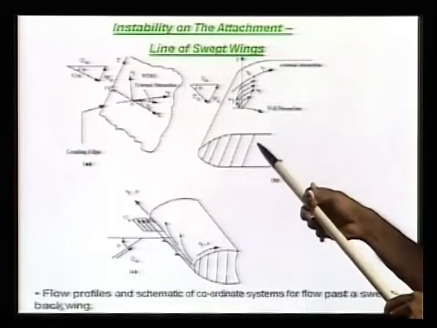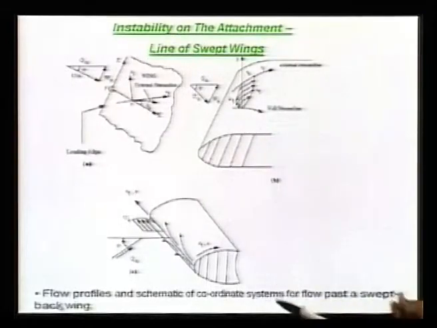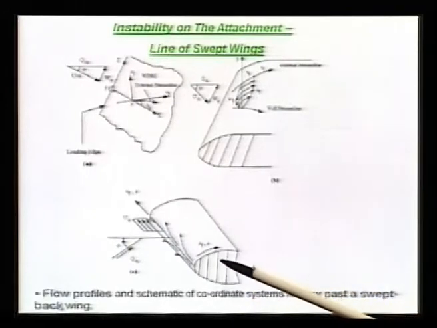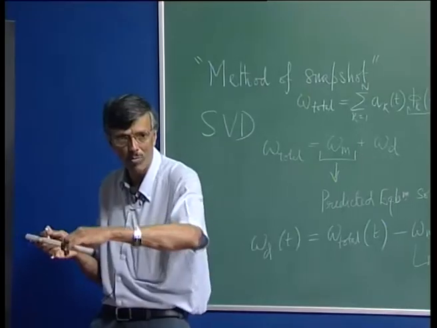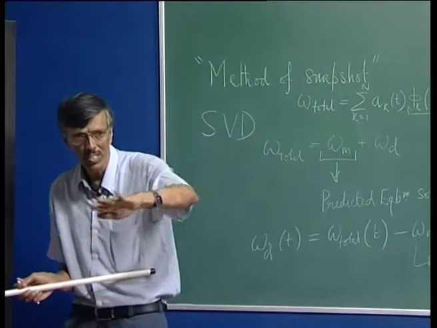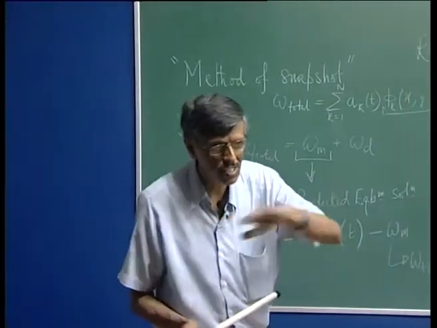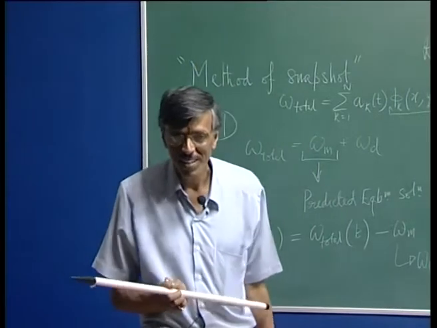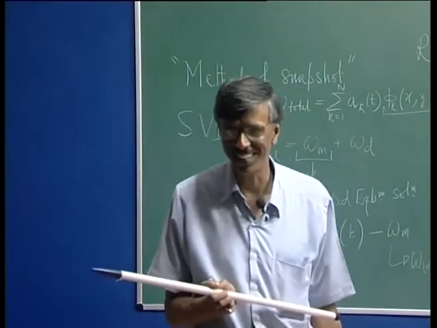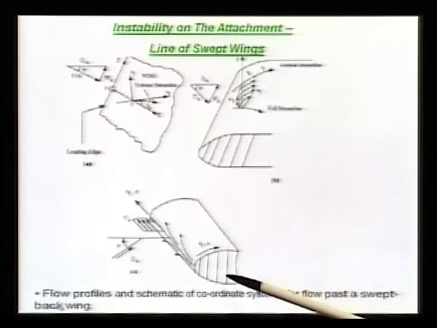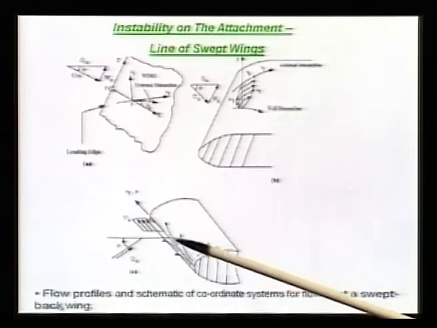Now, what happens when I look at the flow field around the leading edge? You actually see that when you have a swept back wing, you have a plane here which is almost like your stagnation point plane. That is the attachment line plane. However, the flow here is not stagnant. The flow actually goes along the leading edge.